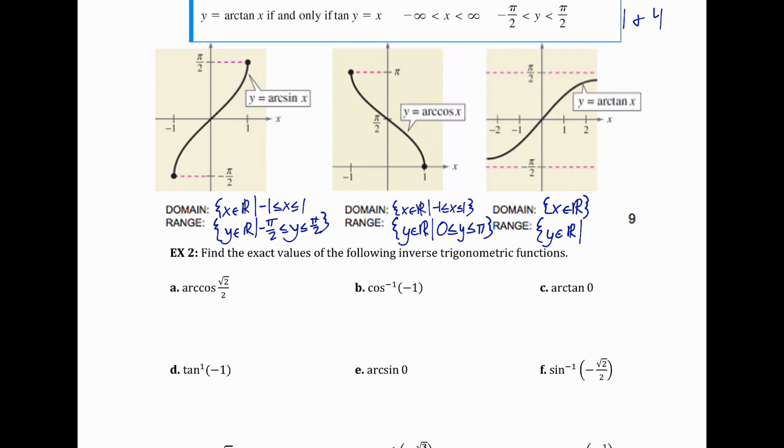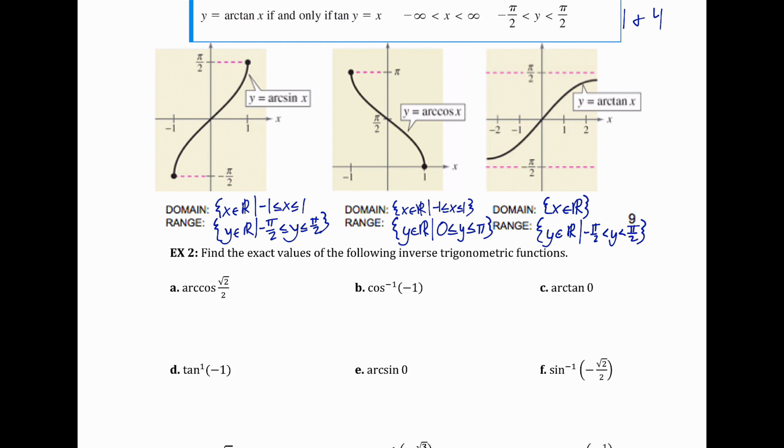But the only restriction, you'll notice on this graph, is that it keeps going closer and closer to the line at pi over 2, but it's never going to quite get there. Similarly, on the left side, it gets closer and closer to -pi over 2, but never quite gets there. So we're going to say -pi over 2 is less than y, less than, not less than or equal to, just less than pi over 2. So it's never going to quite touch -pi over 2 or +pi over 2.